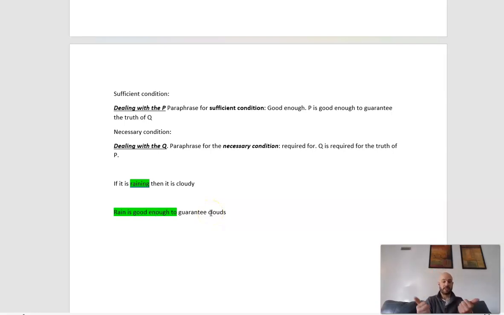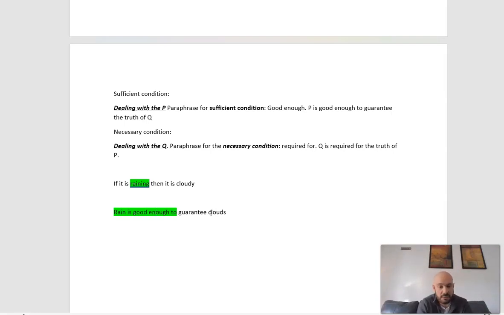And this makes sense if you have genuine conditions. If rain really does have this kind of part-whole relationship with the clouds, then it does seem to be a guarantee. If there's rain, then there have to be clouds. And if there are no clouds, then there can't be rain.